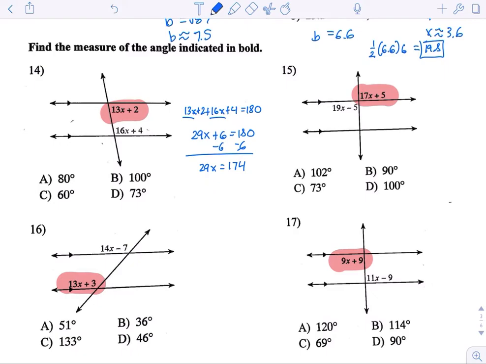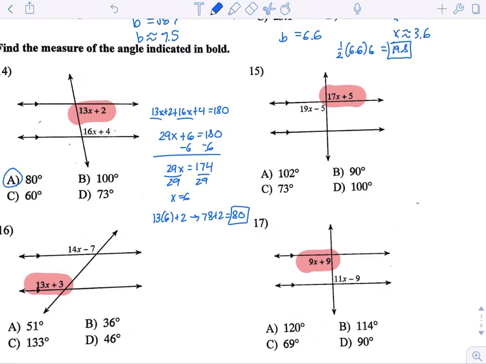Then substitute this into here to get that angle measurement. So 13 times 6 plus 2 is what you need to solve for. 13 times 6 is 78 plus 2, which is equal to 80. So 80 should have been your angle measurement.